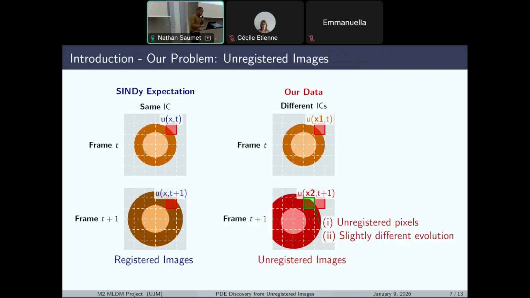So you cannot compute the derivatives that are needed for classical PDE recovery methods, such as SINDy, that would expect registered images where only the underlying matter is moving and not the whole coordinate system.